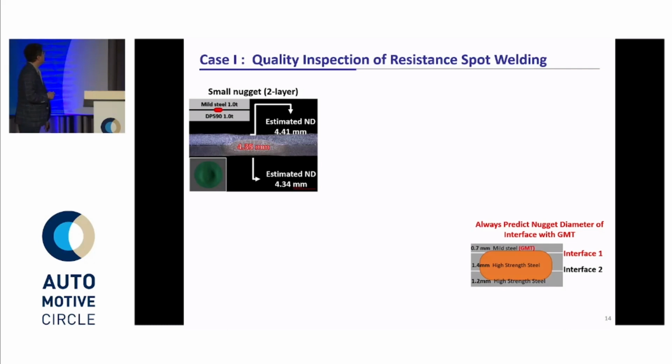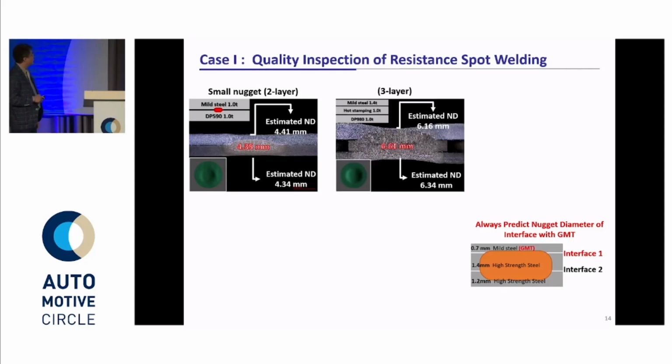Here is the first example, which is a small nugget with a 2-layer. Here are STL files of the surface indentation. It actually has a small nugget, 4.35 millimeter. For the top side indentation, the estimation of the nugget was 4.41, and bottom side was 4.34, which is very close to the actual nugget diameter.